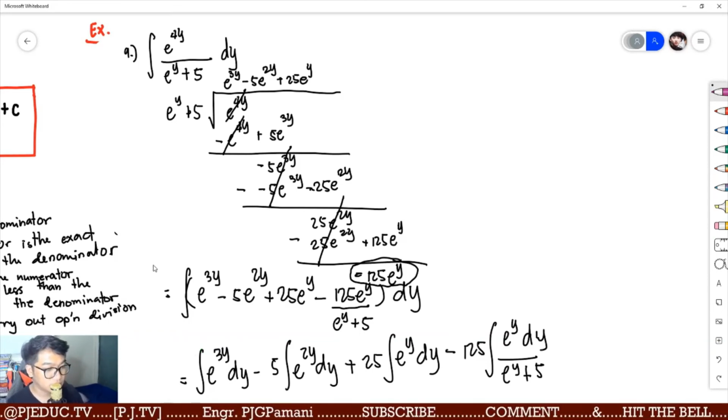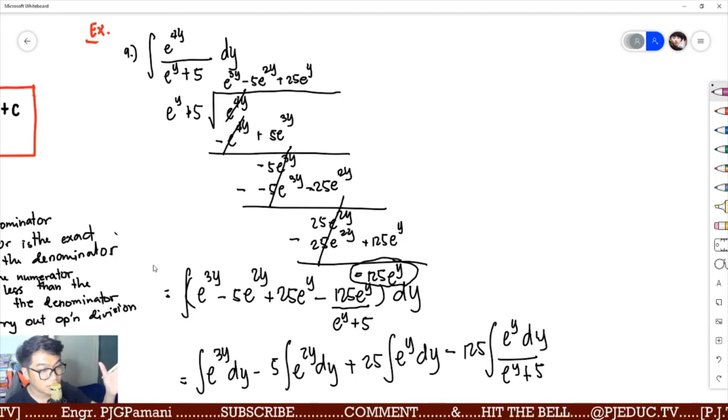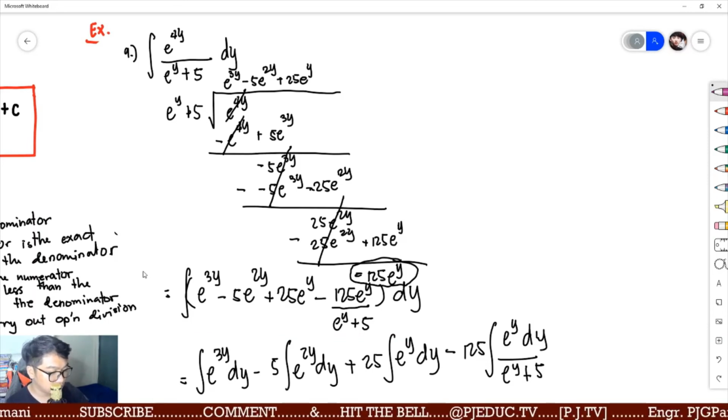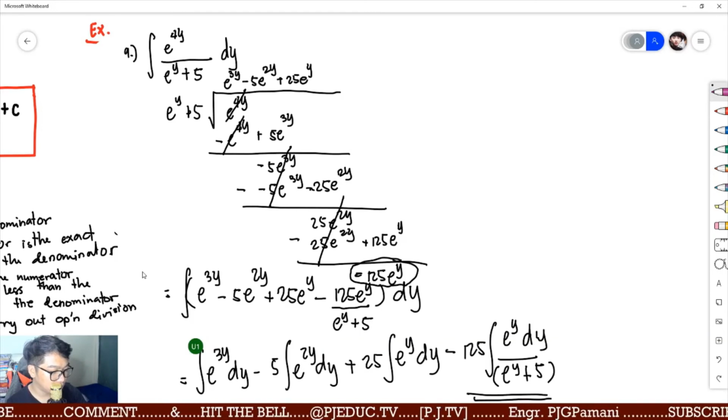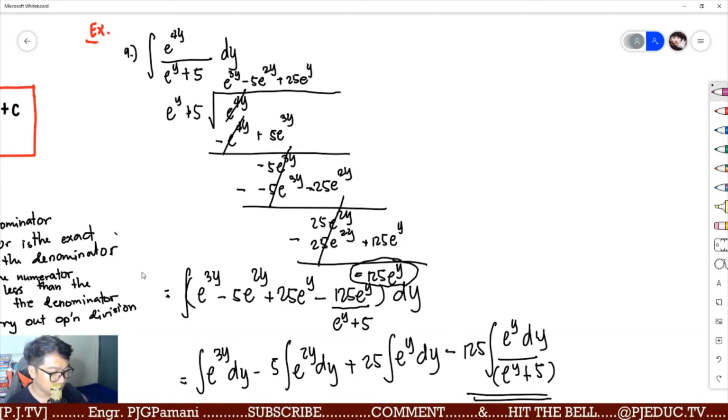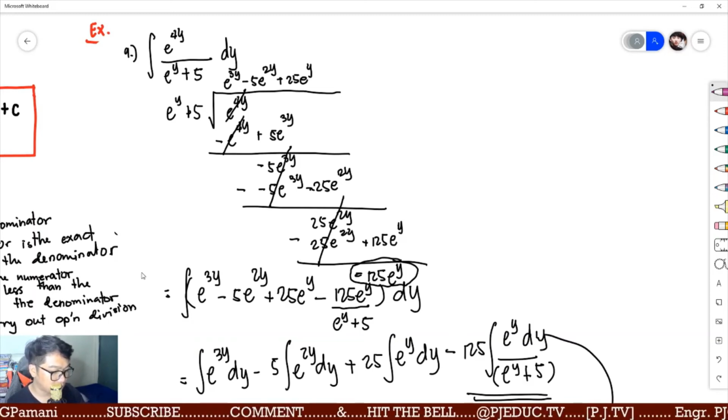Okay? Dito sa part na ito, ang ating u is e raised to y plus 5. Differentiate that, gives us e raised to y dy, which is there, para ma-cancel na siya.